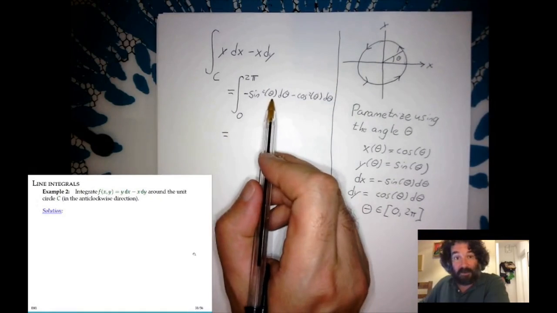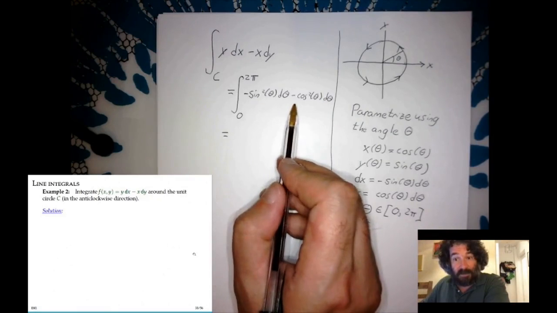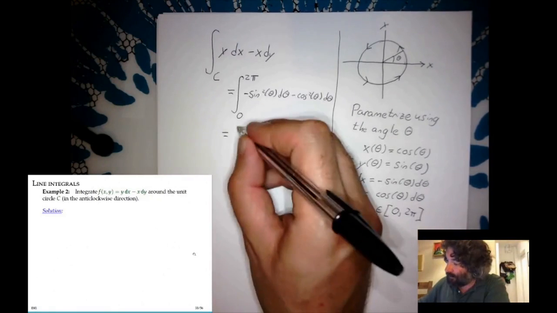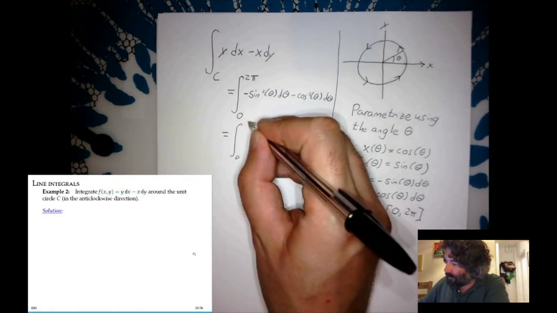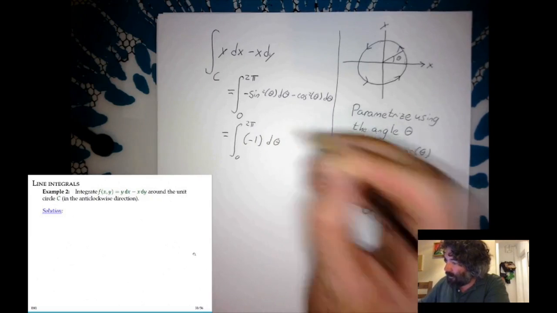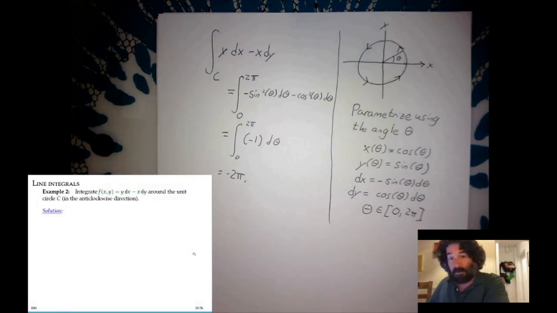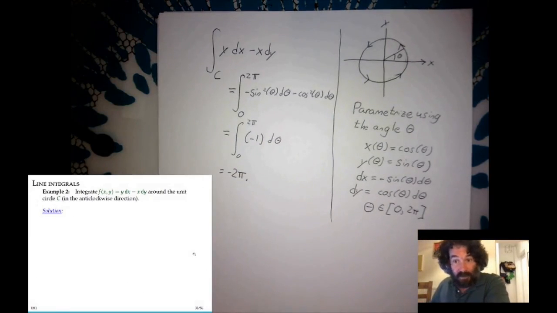All right, so we factor out the d theta, and then we have minus sine squared minus cosine squared, which is minus 1. So this becomes the integral from 0 to 2 pi of minus 1 d theta, and that will just be minus 2 pi. All right, so this line integral is minus 2 pi.